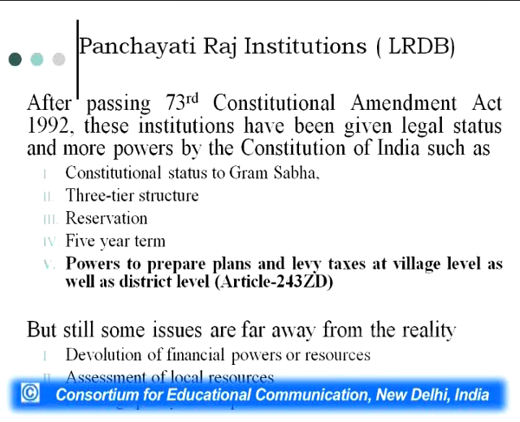In many schemes it comes through the DPC, District Planning Committee, and in some schemes which are state centric or developed by the state, the state devolves those funds by making use of this existing administrative structure of decentralized local planning for rural local bodies, what we call Panchayati Raj institutions.